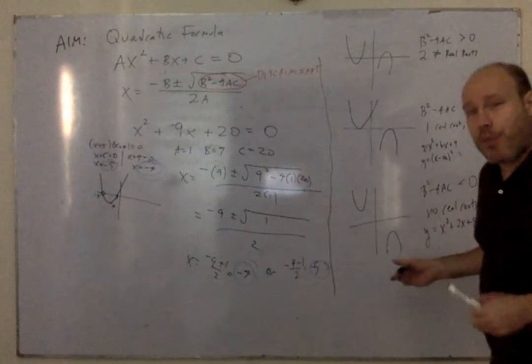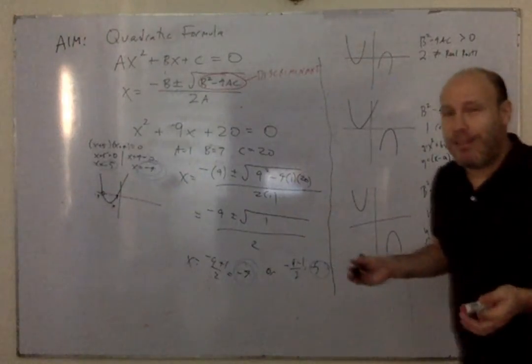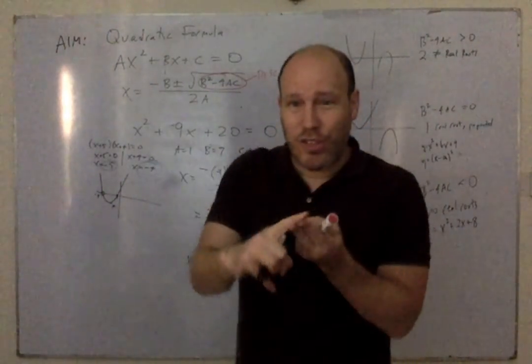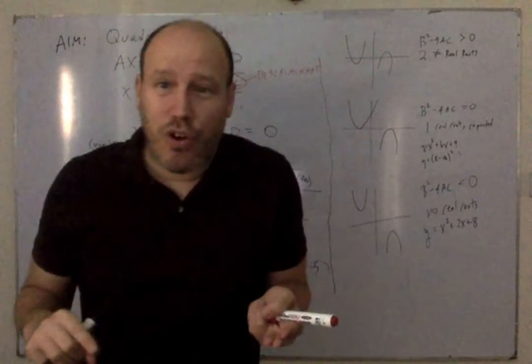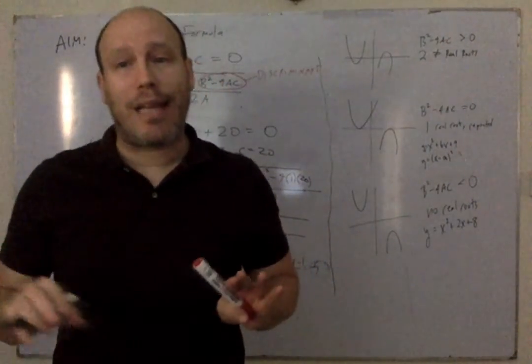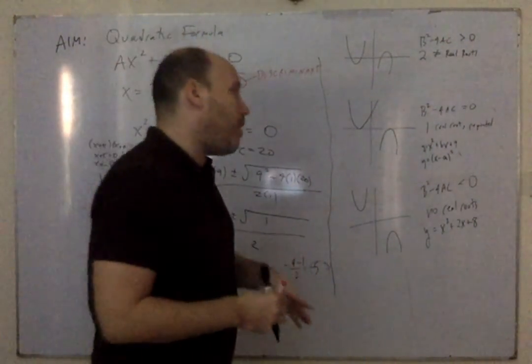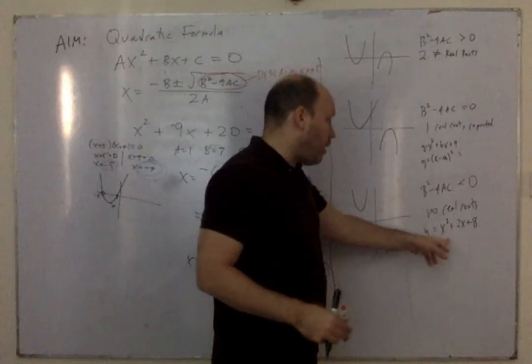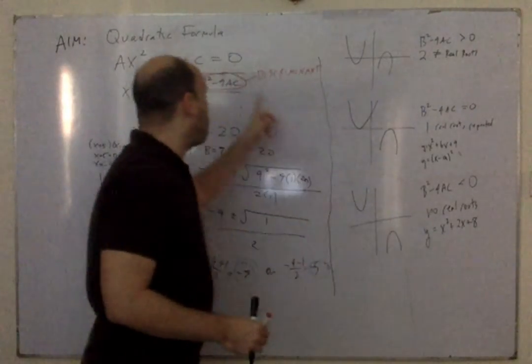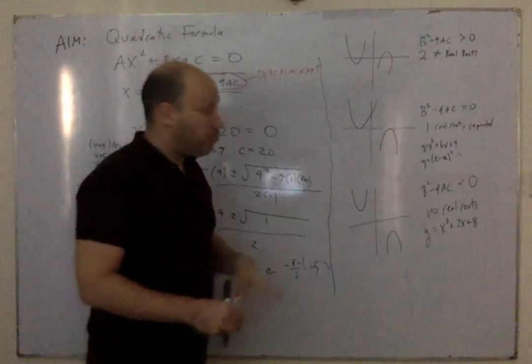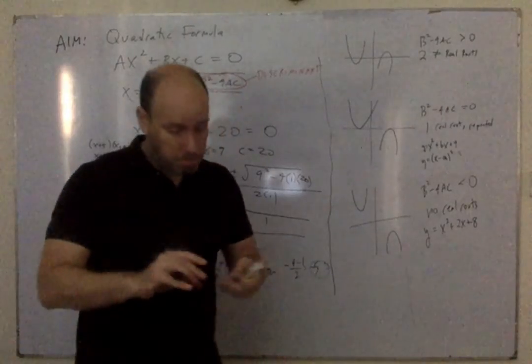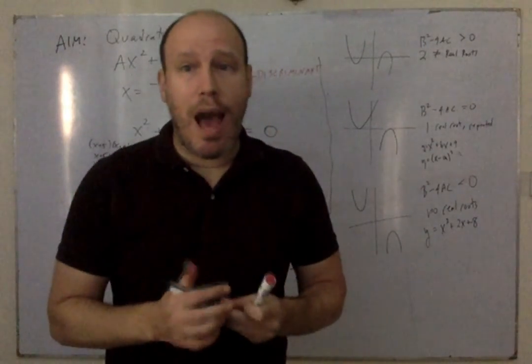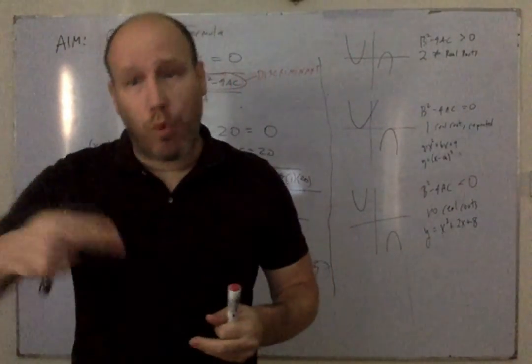That's a parabola with a turning point, a y-intercept, and an axis of symmetry. It just does not touch the x-axis. And with this, you'll see that the number under the radical, the discriminant, is negative. I will upload the analysis video if you want to watch more specifics.